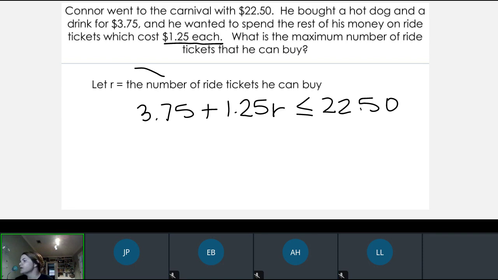So those of you still working, what is your first step here to solve this problem? What's your first step going to be? Okay, good. Good, Elijah. What are we going to subtract?